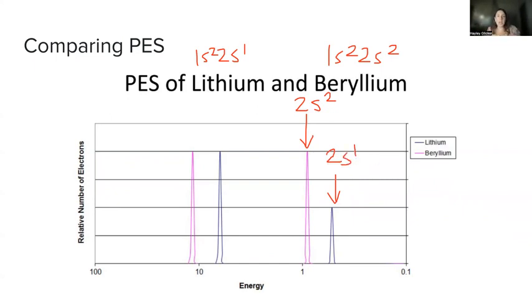When we talk about periodic table trends, I will talk a little about why this binding energy is shifted, so stay tuned for that. But our key in this comparison is identifying the difference in heights, because lithium looks different from beryllium since they have different numbers of electrons, and that is reflected in the height, which represents the relative number of electrons. So that's it for this lecture video.